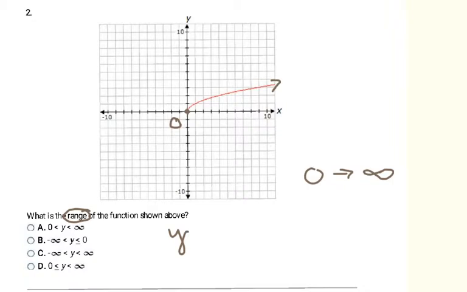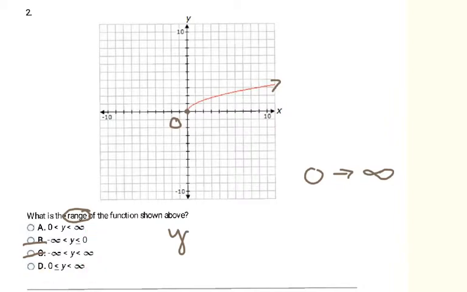And the way that that is written, it's going to be with inequalities in my answer. So B tells me it's negative infinity to 0. That's not the case. C says it's negative infinity to positive infinity, which means it goes forever in both directions, which isn't the case. So A and D are both the ones that have 0 to infinity.